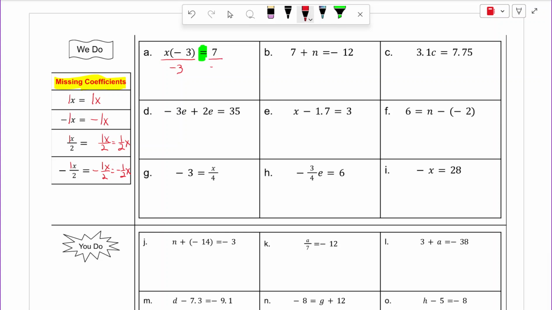So divide this side by negative 3, the property of equality. Okay, and we have x is 7 divided by negative 3, which is just negative 7/3. That's it. We don't change it into a decimal, we just leave it as a fraction in lowest simplification terms.